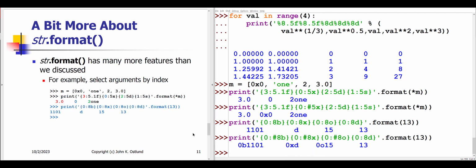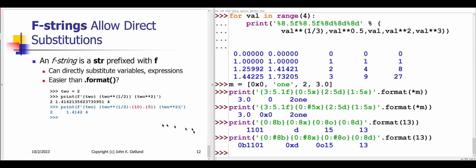All right, so we've got the old original percent-sign version of formatted output, the str.format function, and we have what are called F strings. Why are they called F strings? Well, they're called F strings because you put an F in front.